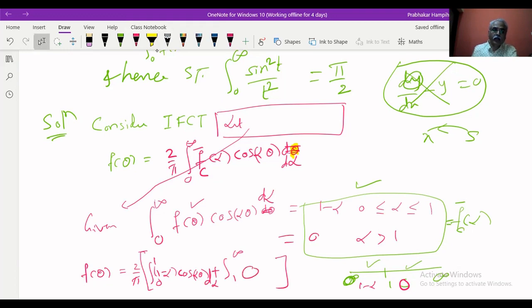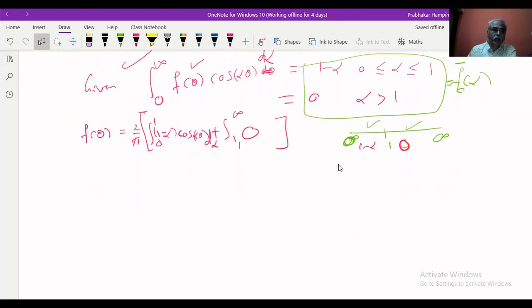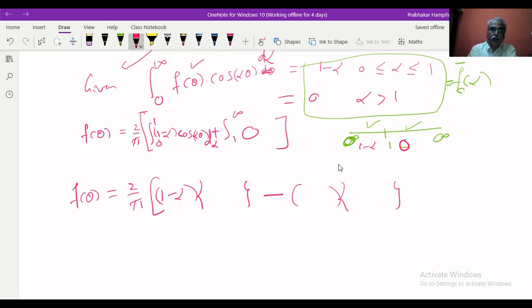Proceeding, now we come to the integration part. f of theta equals 2 by pi, integration with respect to alpha, 1 minus alpha as it is, with alternating plus and minus signs. The differentiation of 1 minus alpha with respect to alpha is minus 1, just as the differentiation of 1 minus x with respect to x is minus 1. Instead of x language, we are talking in alpha language.